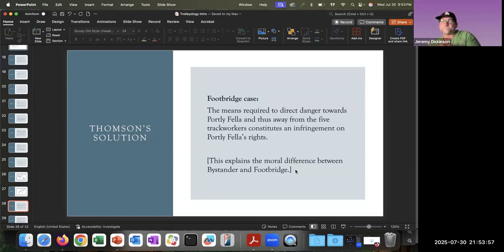Performing an action. Okay, sometimes the means taken themselves are an action, but they're the means to yet another action. So, flipping the switch, right? I do that in order to turn on the water, which then allows me to water the yard or some such.